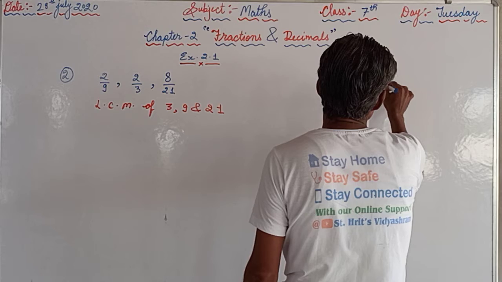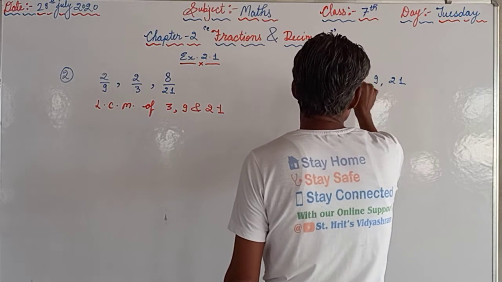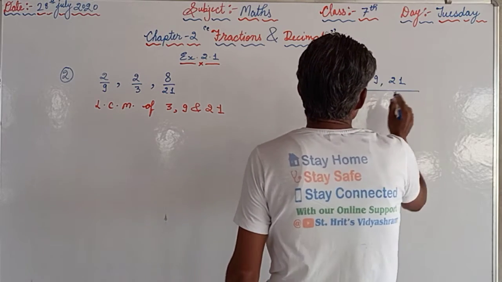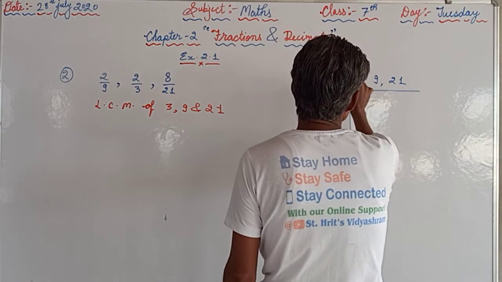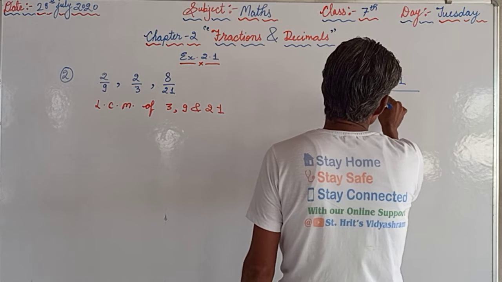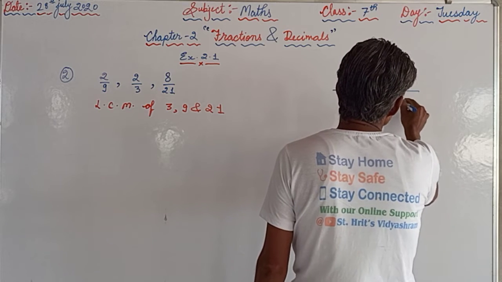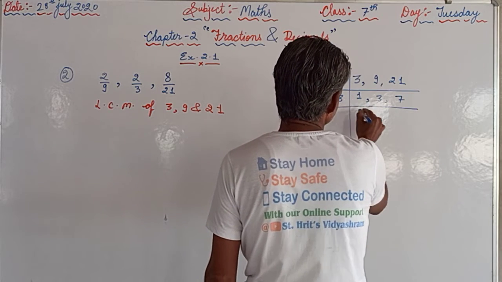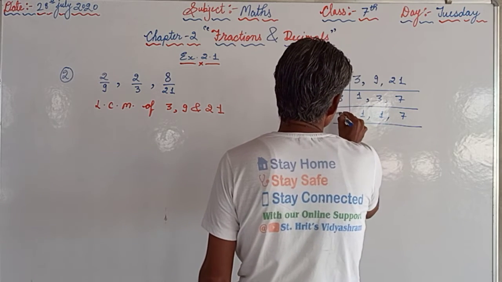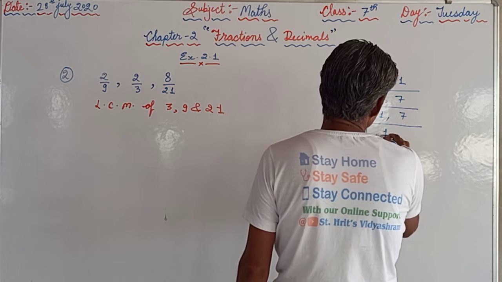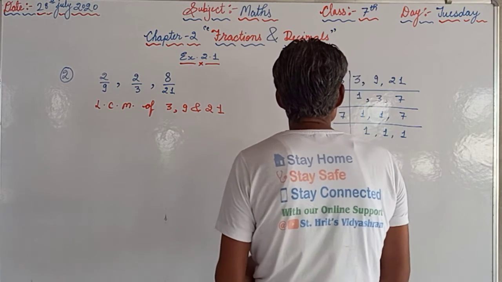We divide by a number. By 2 we cannot divide, so we will start with 3. 3 ones are 3, 3 threes are 9, and 3 sevens are 21. Then again by 3, we get 1, 1, 7. Then again by 7, we get 1, 1, 1. So here we will stop.